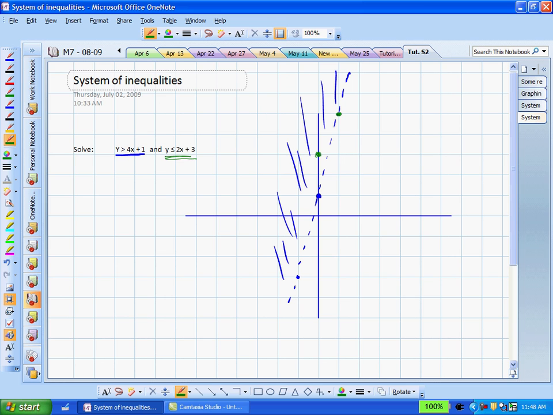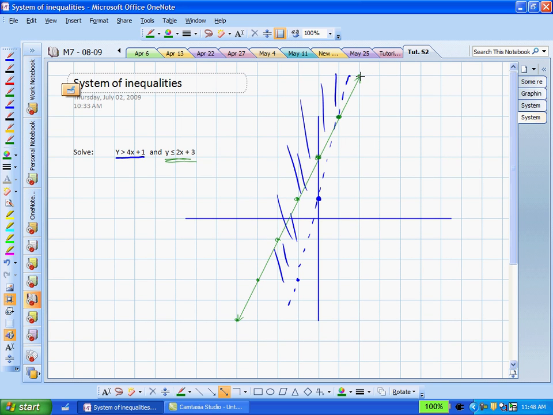Up 2 over 1, and then down 2 over 1. Okay. And this line is filled. This one is solid, and it's shaded below the line. So we're going to shade off this way.